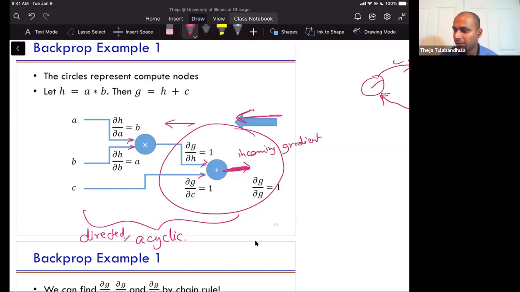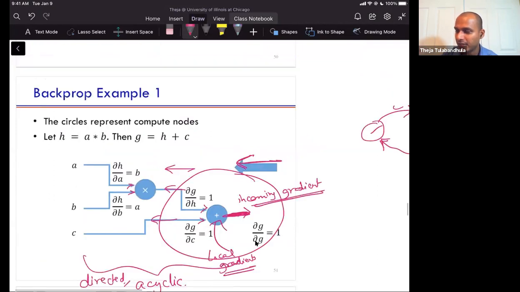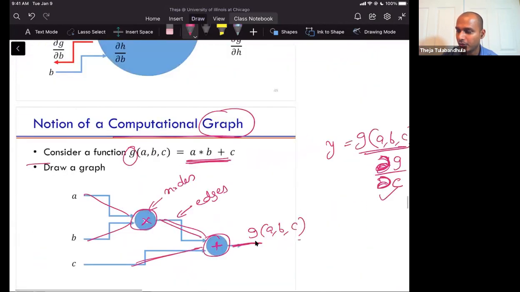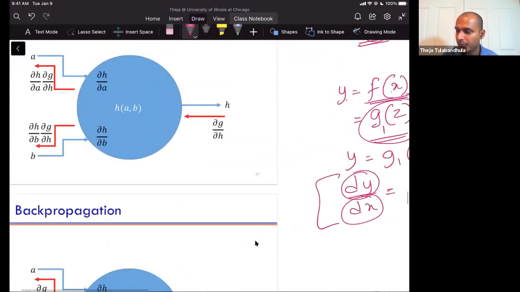So there's going to be an incoming gradient and there are going to be local gradients, and what you do is pass on some gradient information to your predecessor nodes. That's the general idea here. Let me step back for 2 slides and show that same idea here.